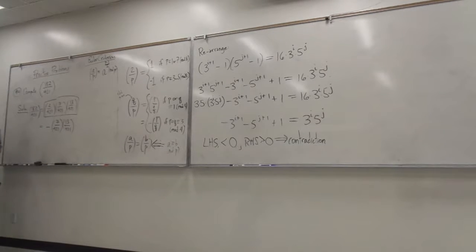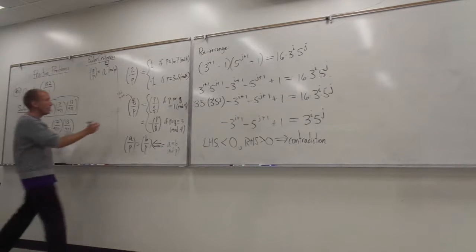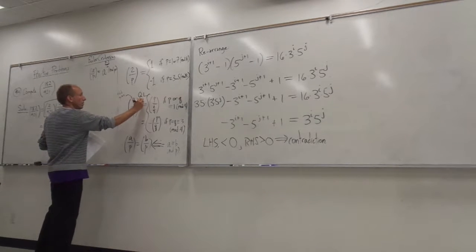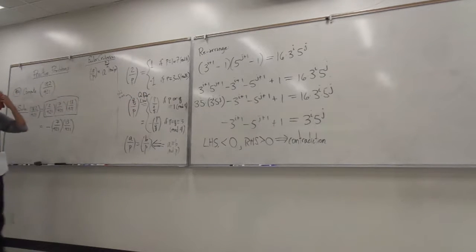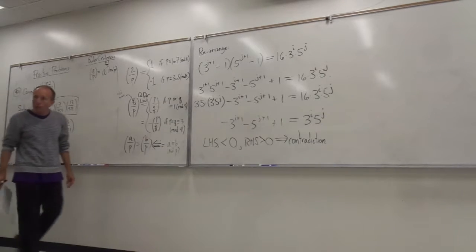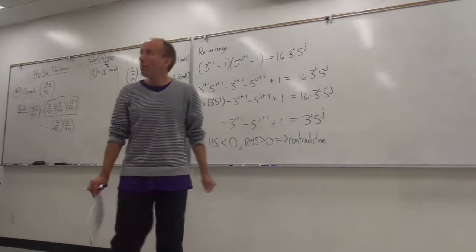Okay, what would you suggest that I do next? Use the quadratic reciprocity law. I forgot to mention, this is the quadratic reciprocity law, the QR law. So modulo 4, is 421 going to be congruent to 1 or 3 mod 4?